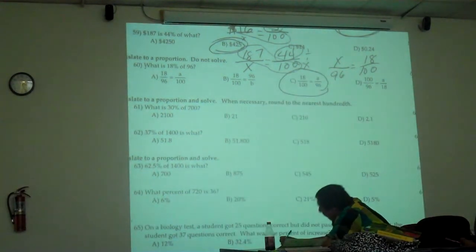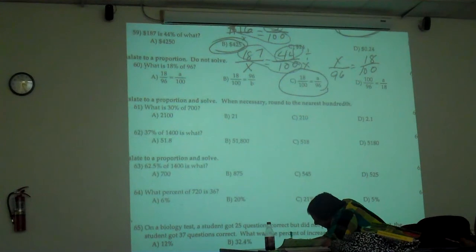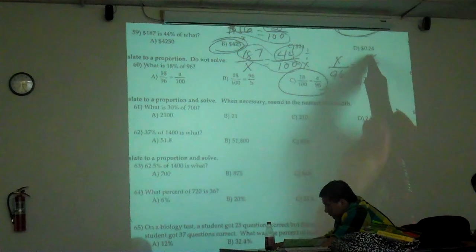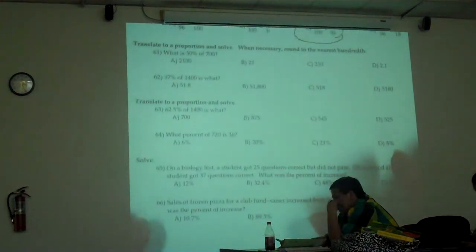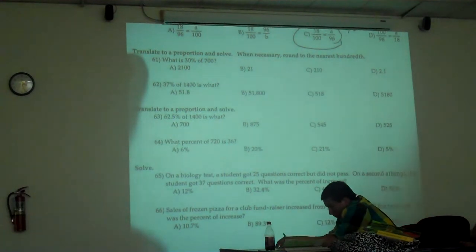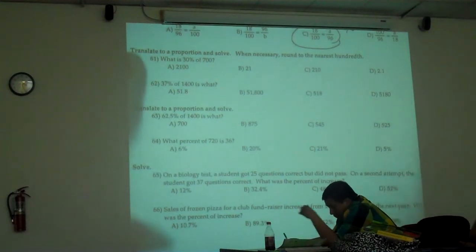They just have it on different sides, right? You have the 18 over 100 on the front side. Okay? X over 96, A over 96, 18 over 100. Translate to a proportion and solve. I'm actually just looking at the solutions, okay?